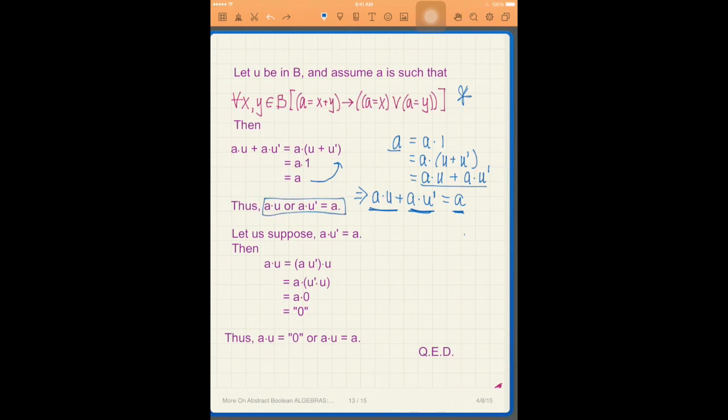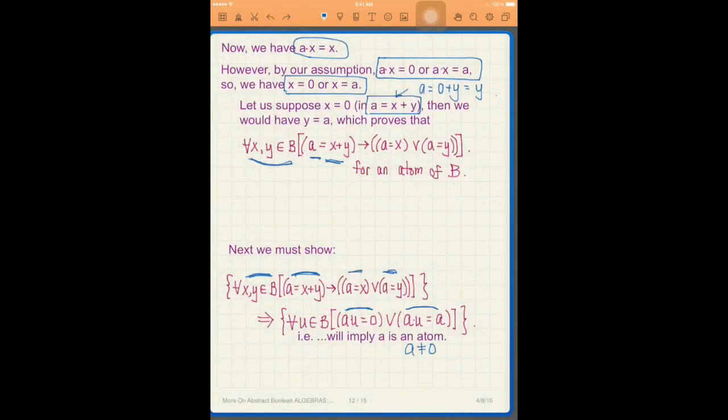So let us suppose that A times U complement is equal to A. So if we do have A times U complement equal to A, then what do I know about A times U? So why are we picking on A times U? The reason we're picking on A times U is because that is in our conclusion statement here.